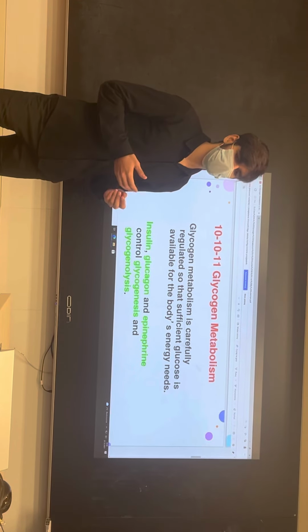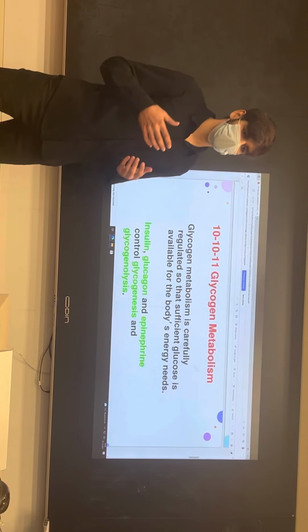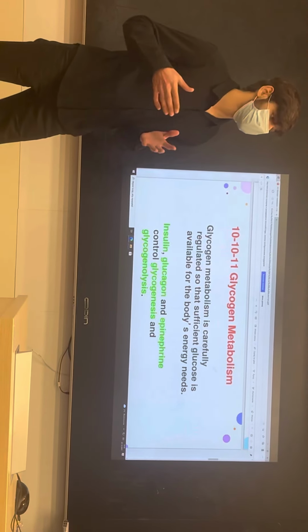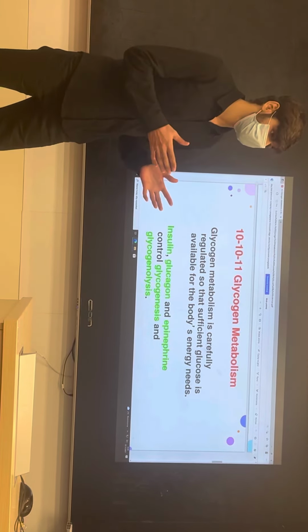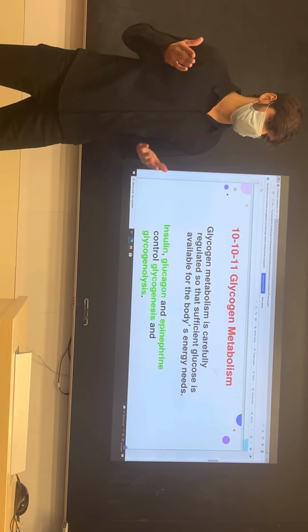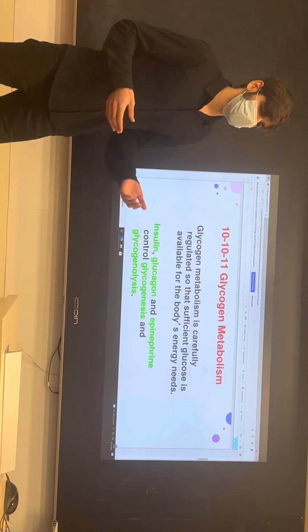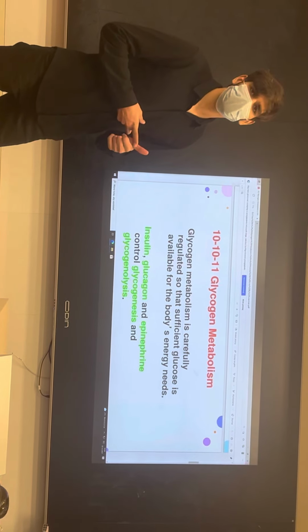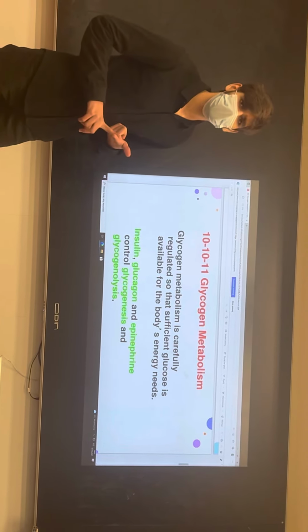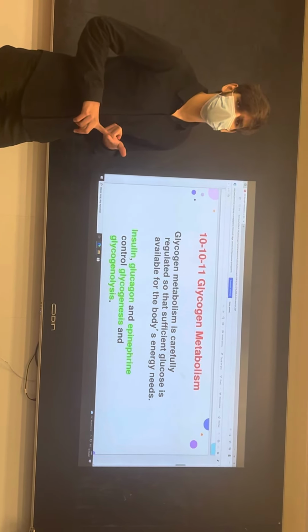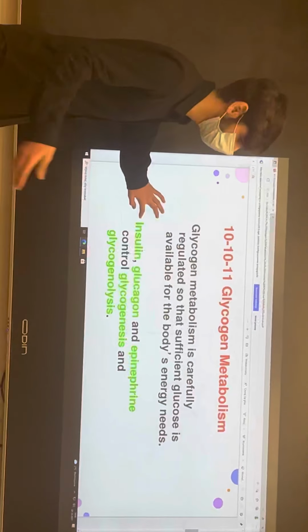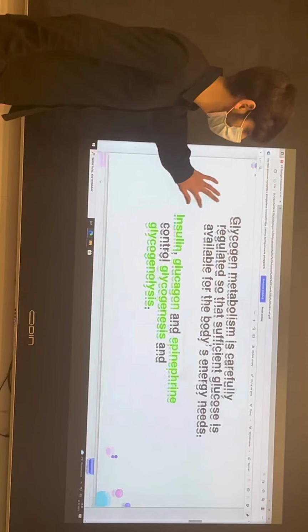There are different hormones which contribute to glycogenolysis and glycogenesis, which are the main processes in glycogen metabolism: glucagon, insulin, epinephrine, norepinephrine, adrenaline. These hormones promote and control glycogenesis and glycogenolysis. Is it fine?